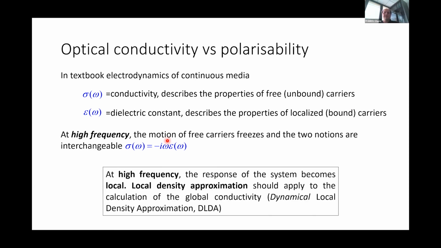So you see that at high frequency, the response of the system becomes local. And so there must be a way to perform some local density approximation, but for the high frequency response of a strongly correlated system. This is something that we would like to explore in the future. And on this, I think I'm done, and we'll be happy to answer your questions.